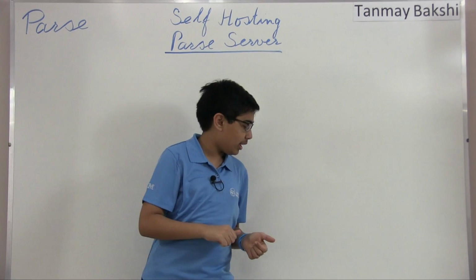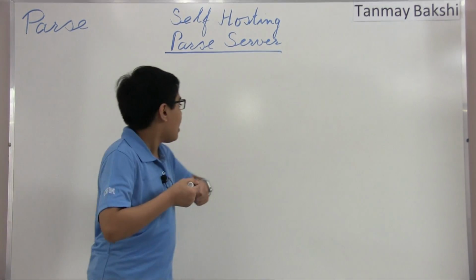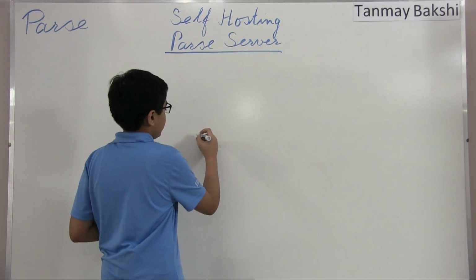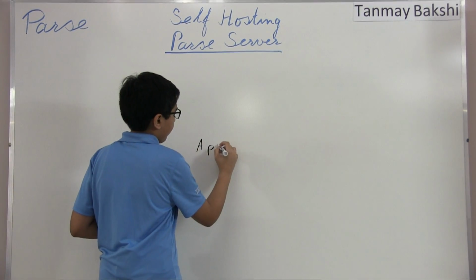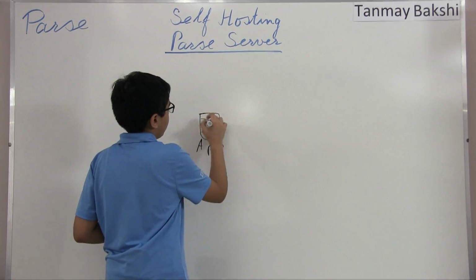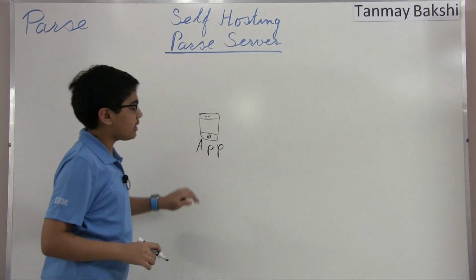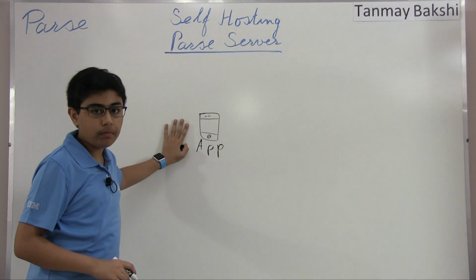Let me just show you something really quickly though. Originally, when Parse announced it's going to be shutting down, there was your application that would run on, let's say, some sort of phone. Alright, so this is your application running on a phone.